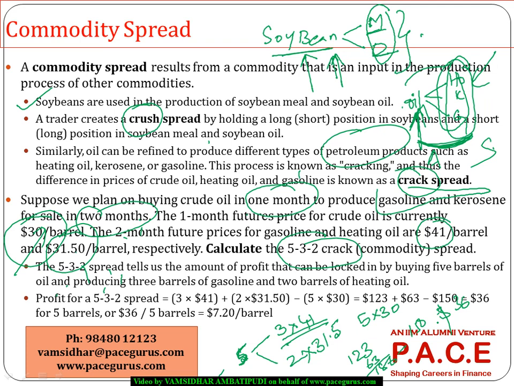Based on that, I am able to lock in my profits for the entire transaction. Especially when the original product as well as the final manufactured product, both of them are traded on the exchange, we can create a profit position by getting into these kinds of strategies.